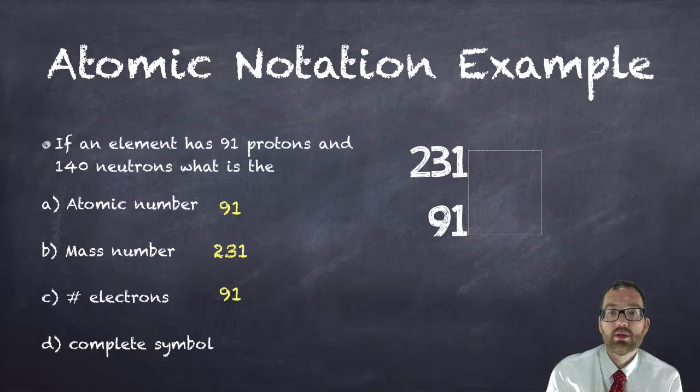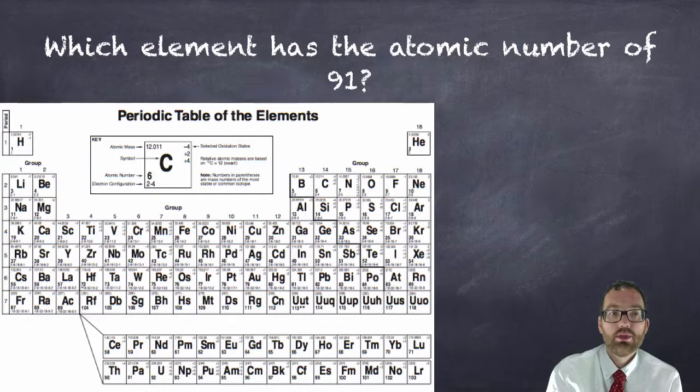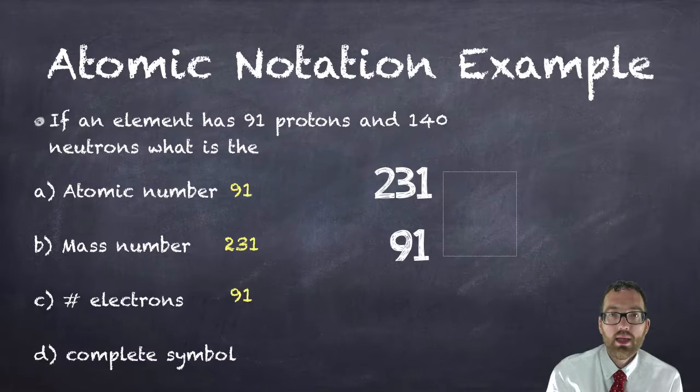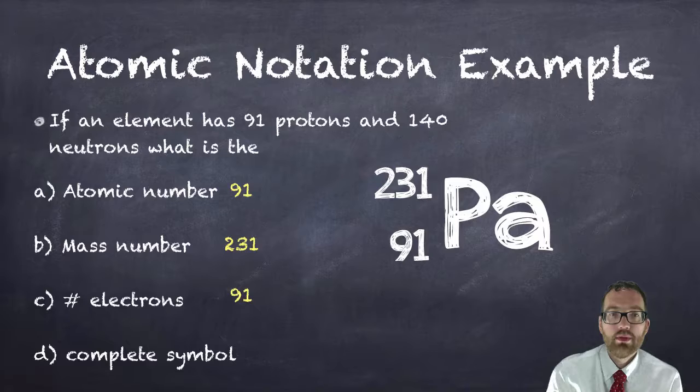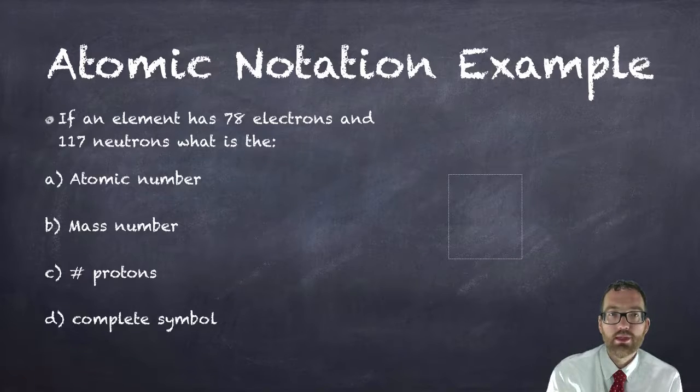You'll get the answer wrong. So if you want to be right every time, go on the atomic number. There's only one element in the world that has 91 protons. You go and you scan till you find 91. There it is at the bottom. And Pa, protactinium. I don't know anything interesting about protactinium, except it's the answer to that question.